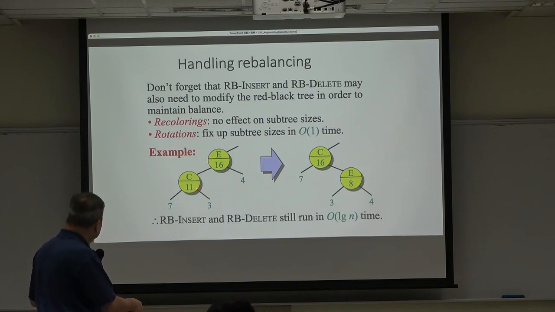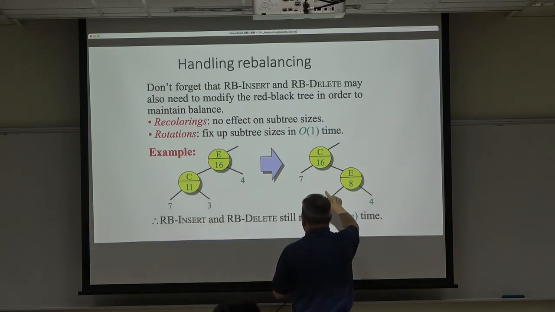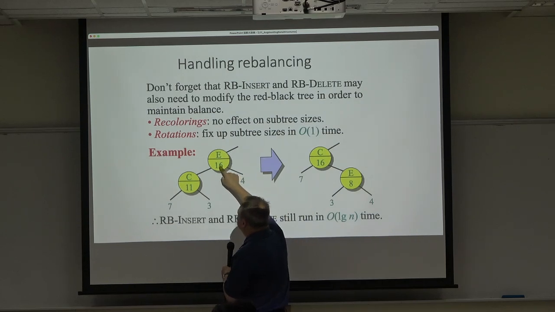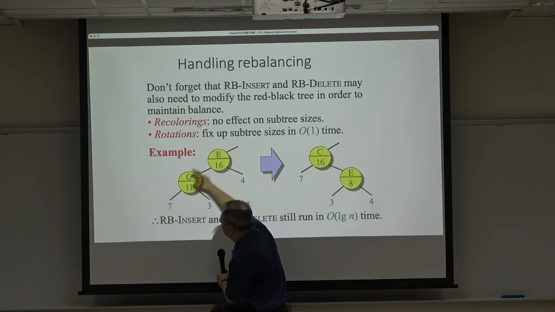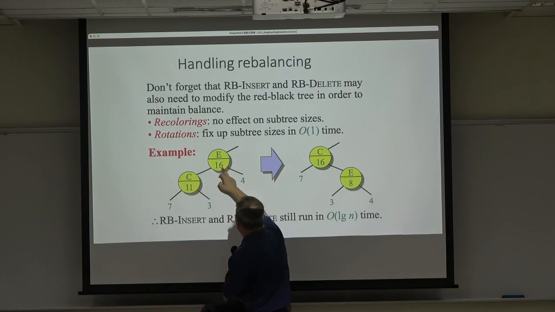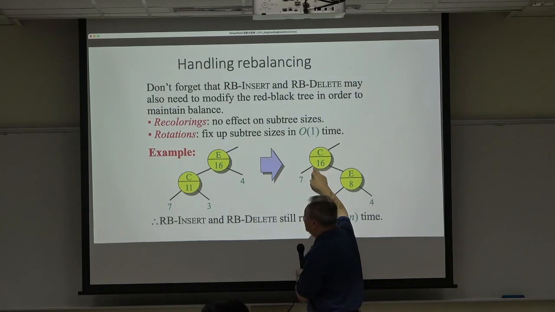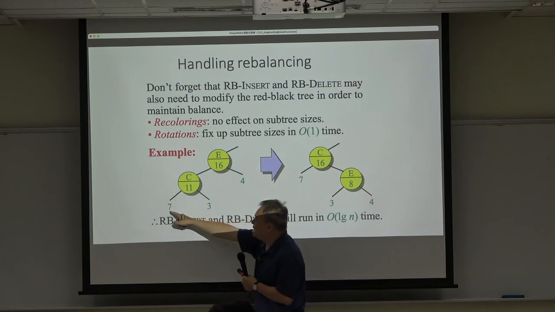After rotation, this one becomes 16. So you are going to copy this value because C is going to replace E to become the root of this subtree. So this is going to change from 11 to 16. C becomes 16. And for the left child, it remains to be 7.